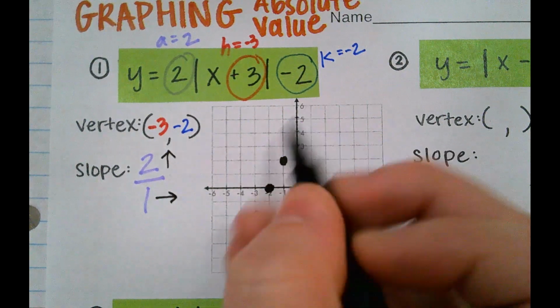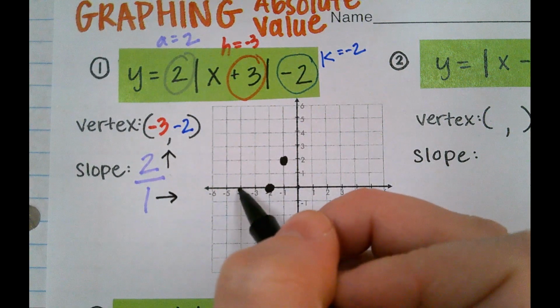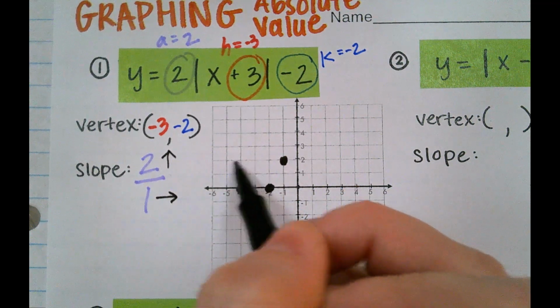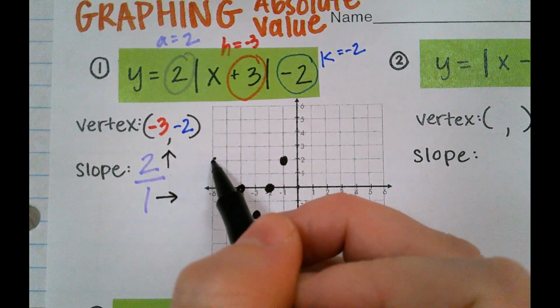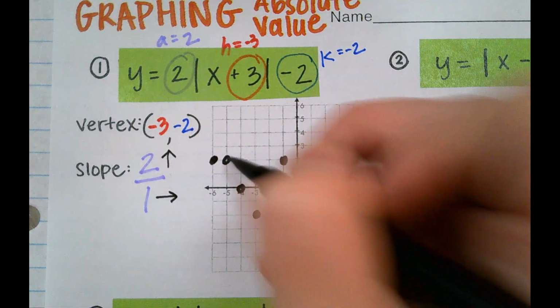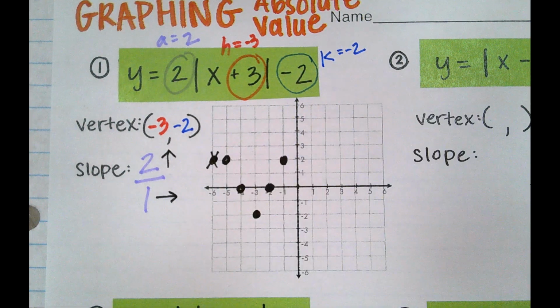Now I go up 2, over 1 to the left. And I'll do that again, up 2, over 1 to the left. I did that wrong. There we go. And now we just connect the dots.